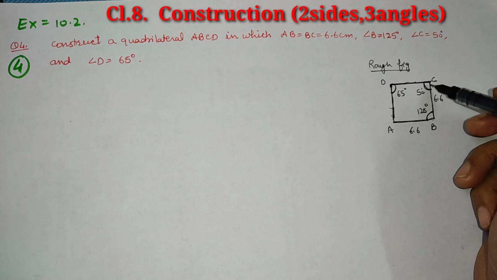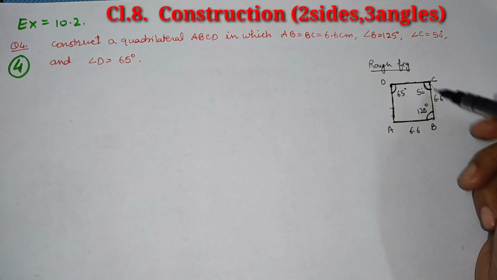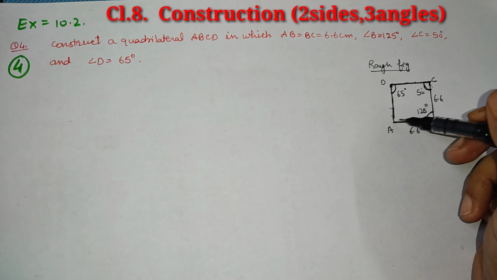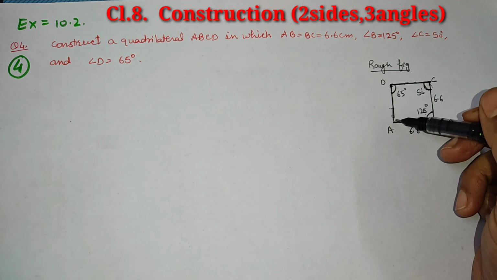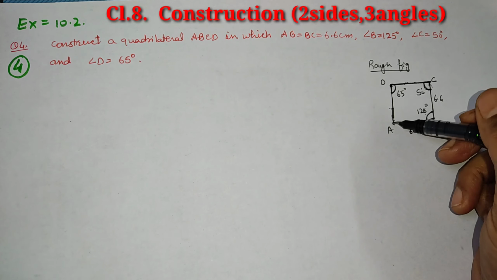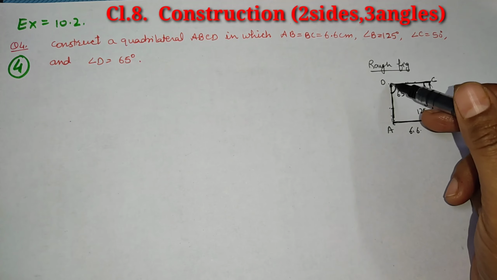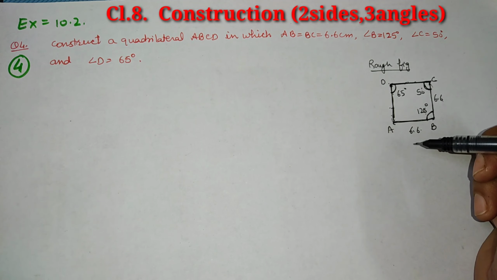So how can we draw it? First, we can draw a line BC. On point C we can make an angle of 50, on point B we can make an angle of 125, and we can put an arc of 6.6 to get point A. Now from where will we get point D, on which we have to draw a 65 degree angle?